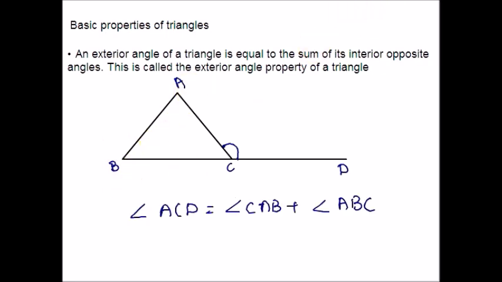This is one of the important property. While solving the problems, we will be repeatedly using all these four property. You should be familiar with all the four property, angle sum theorem and this exterior angle property and the other two. These are the basic information you must know about the basic properties of triangles.